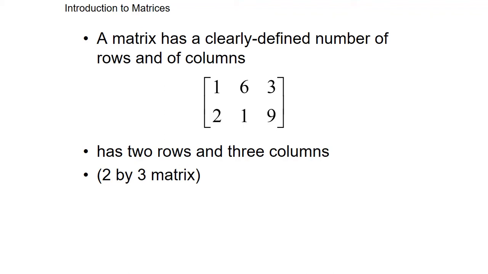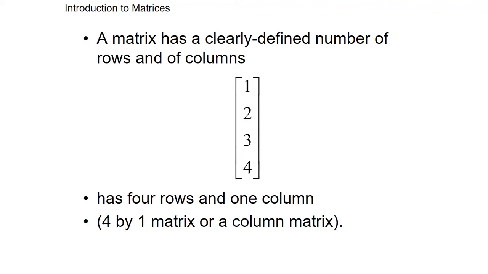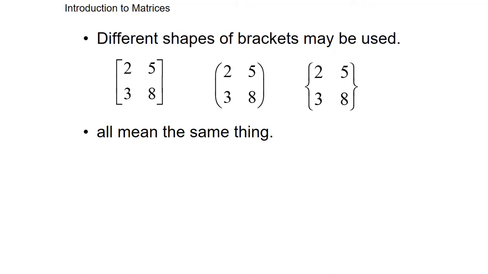This one we could call a column matrix because it has a single column here, and of course it has 4 rows.